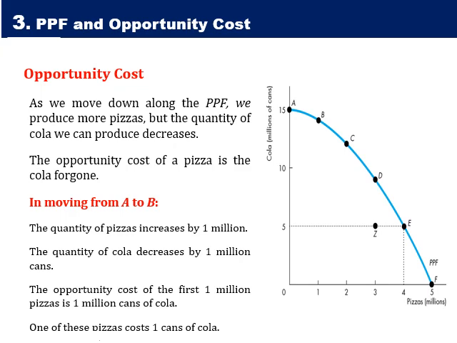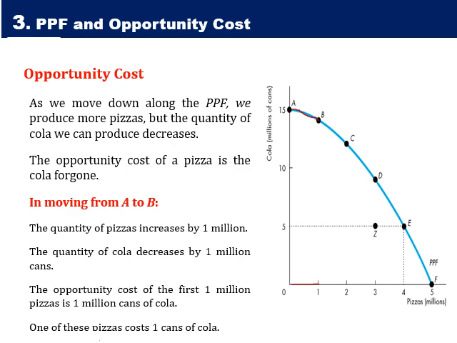So now if we move from point A to point B on this curve, the quantity of pizza increased from 0 to 1 million pizza, which means that we have an increase in the production of pizza.